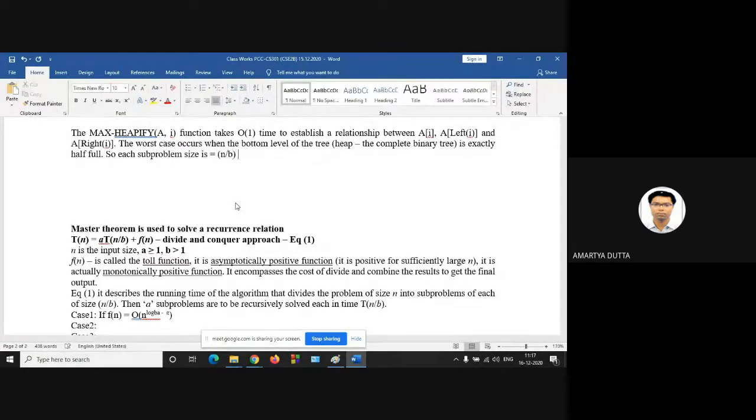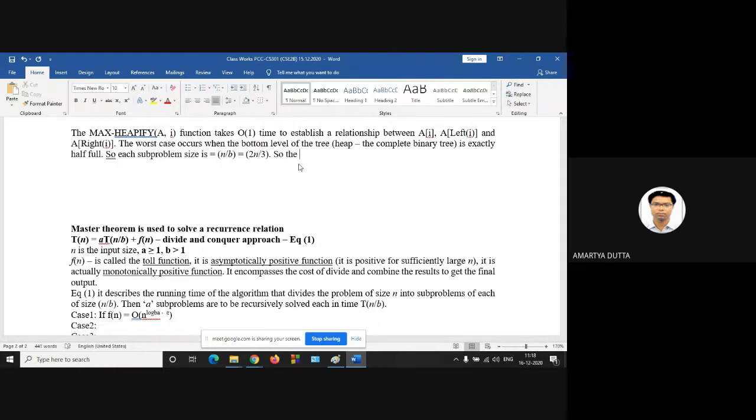So n by b is 2n by 3. Is it clear? Any queries? No, sir. Sir, can you send this Word file after the class? Yes. Okay. So each subproblem size is n by b.